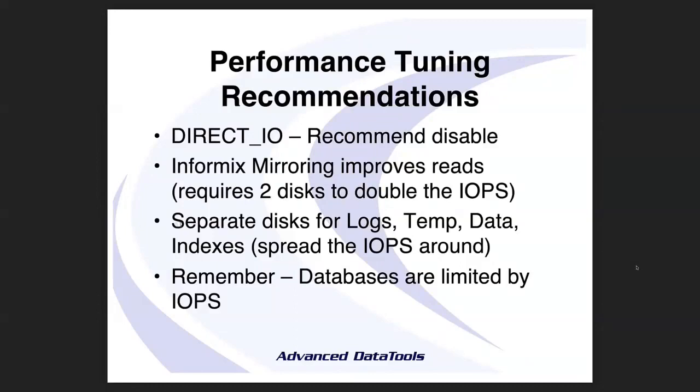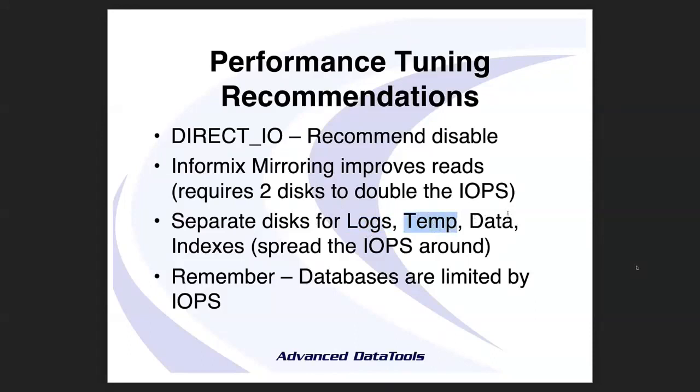The third thing I found is to separate your disk out. Don't put everything on one big disk, because that could become a bottleneck, and you need to play with the numbers. But a separate disk for your logs, which are going to be writes, a separate disk for your temp, which is where most of your IO probably is going to go, and then a separate disk for data and indexes.